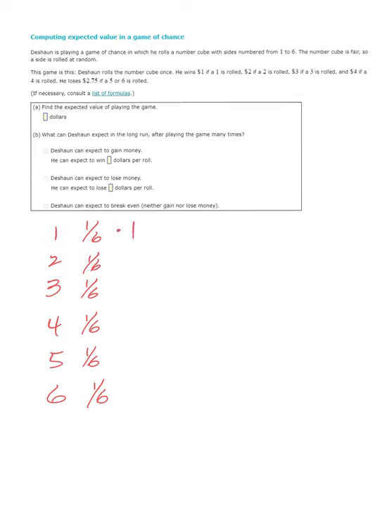When he rolls a 2, he gets $2. $3 here, $4 here. When he rolls a 5, it's minus $2.75. When he rolls a 6, it's minus $2.75. The question is, would you play this game? What do you think? Over time, are you going to win money doing this?